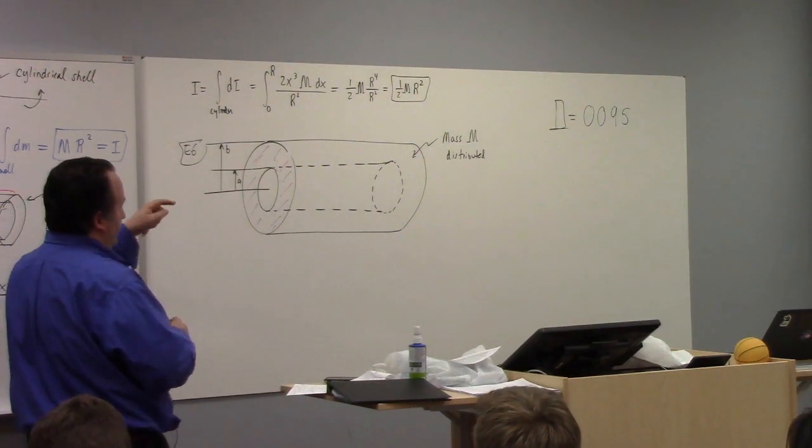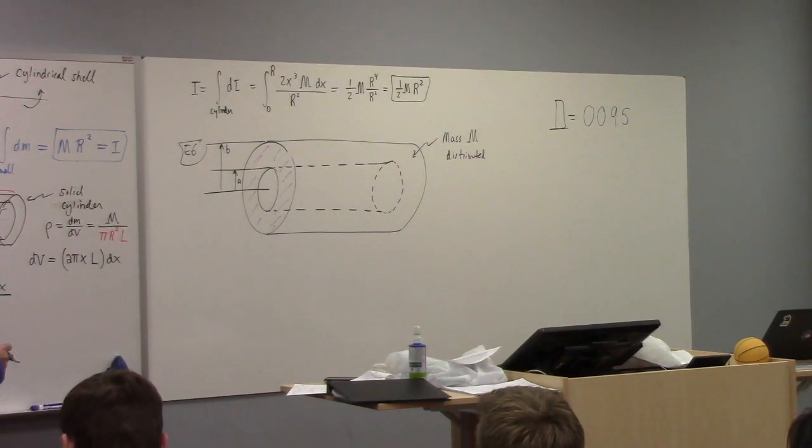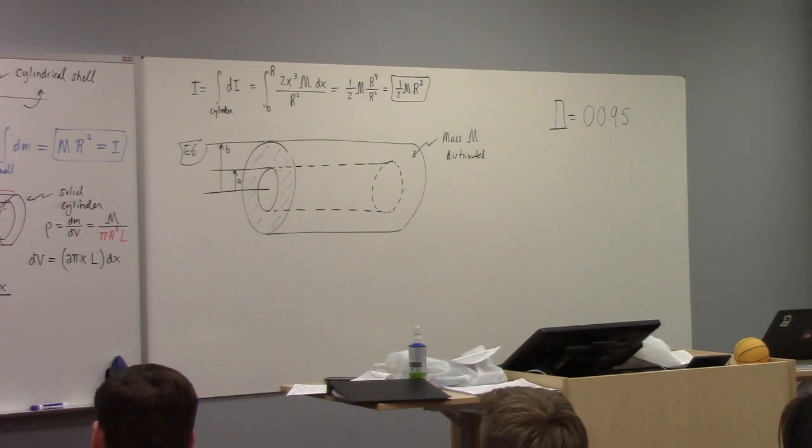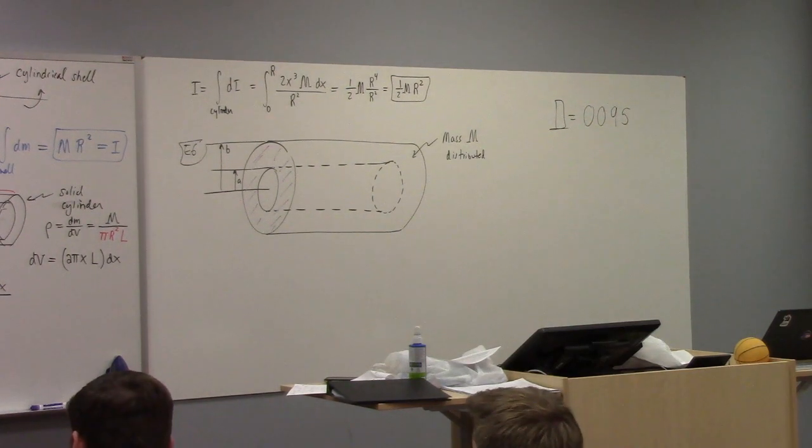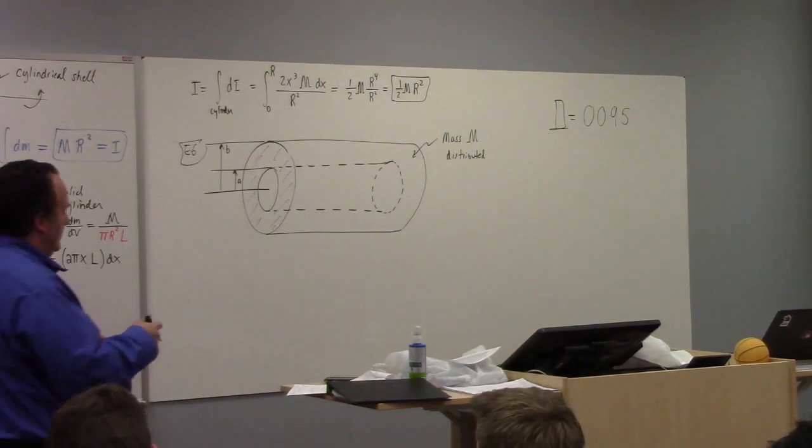one way you could do this is you could calculate the moment of inertia for the whole kit and caboodle, like from all the way out to B. You could do it like this.